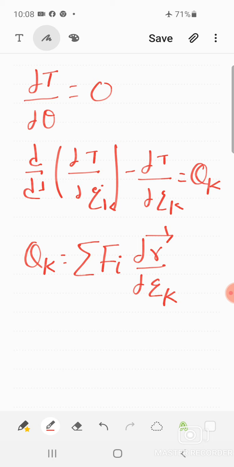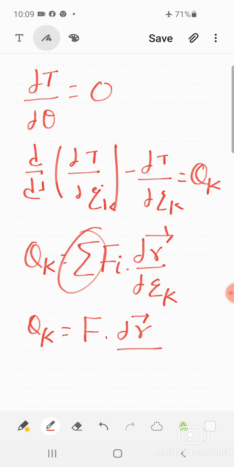Since we are discussing only a single particle, we remove the summation, so Q is simply F dot curl r by curl q.